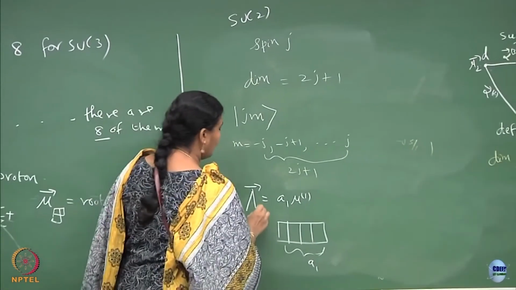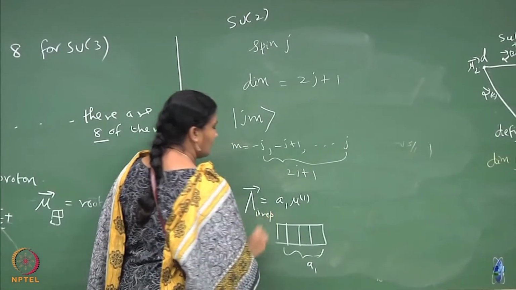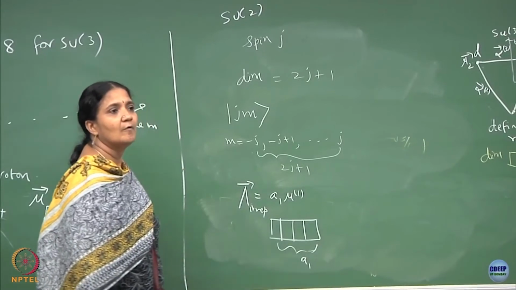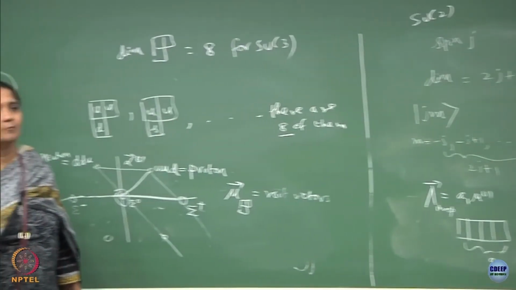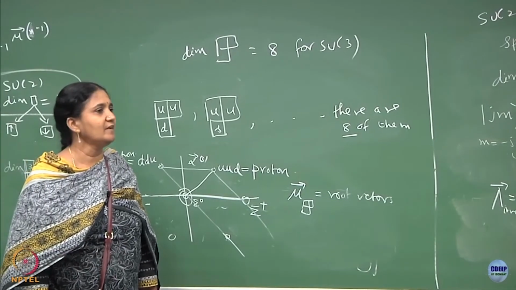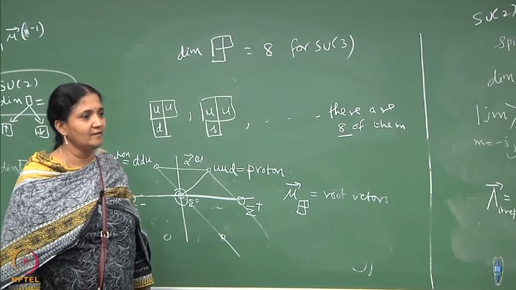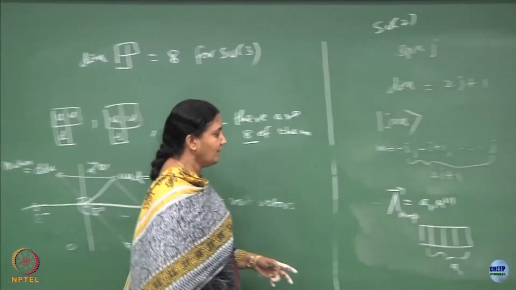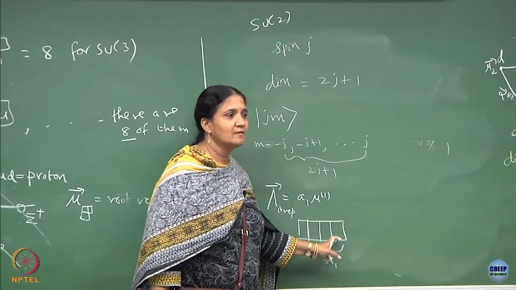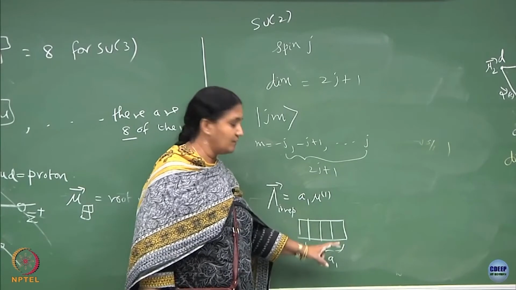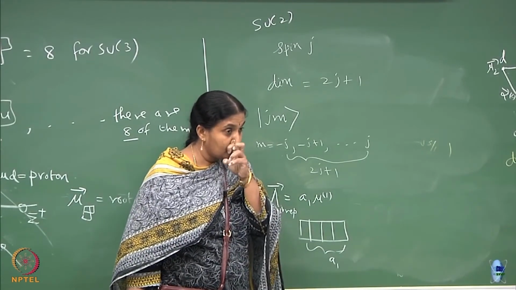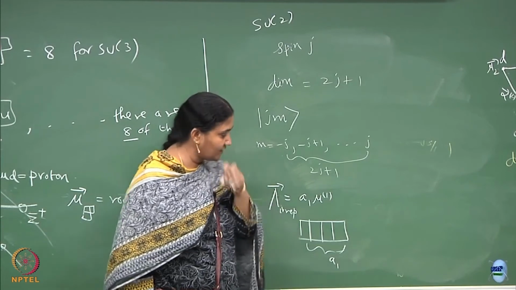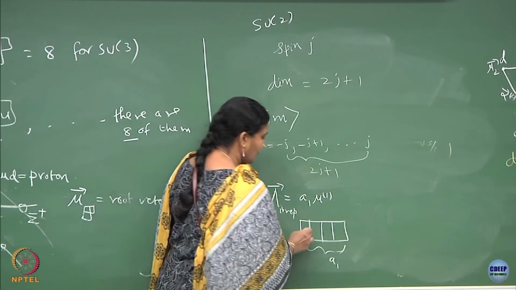This is an irrep of SU2 whose highest weight is A1 number of fundamental weights. There is only one fundamental weight, and for that one fundamental weight I would have put a single box. For A1 of the fundamental weights you will have A1 boxes. What is the dimension of this? Can you work it out for SU2?